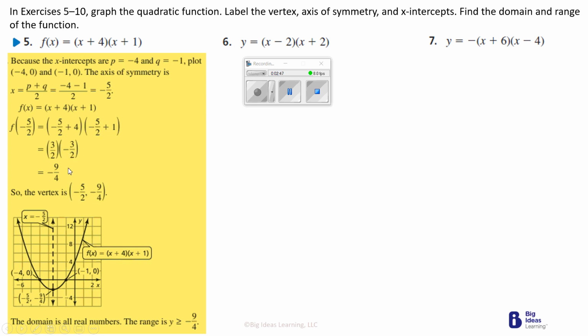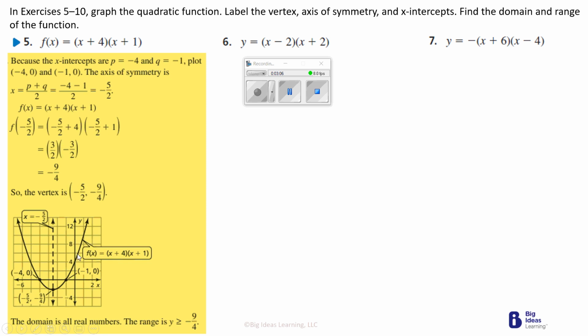When we multiply these together, we get -9/4. Now that we have -9/4, we know what our vertex is. We take our axis of symmetry, -5/2, and put it for x, and we take -9/4 and replace it for our y value. Now we come down to our graph.